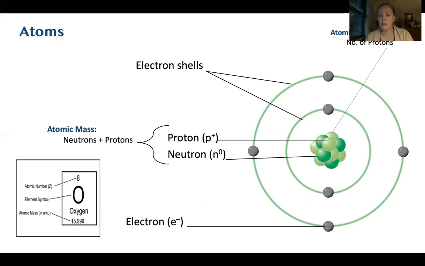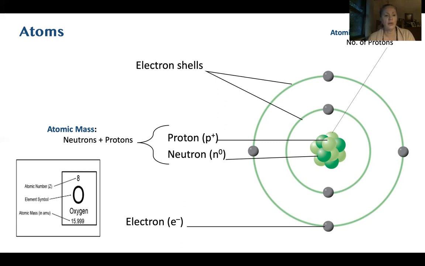So our atomic number, once again, is based on the number of protons. Our atomic mass, or the weight of the entire atom, is based on the total number of protons plus neutrons. Our electrons do not factor into our atomic number and our atomic mass. Our electrons are important, however, for chemical bonding and reactivity. Our electrons have the negative charge.